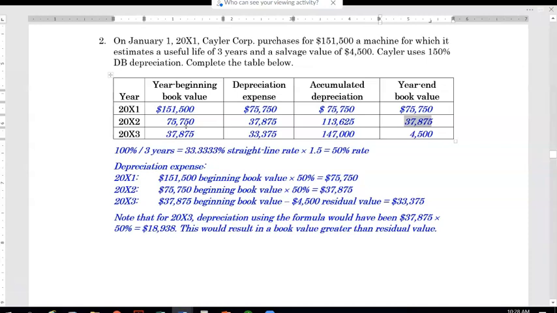In year three, we multiply that by 50% again here.